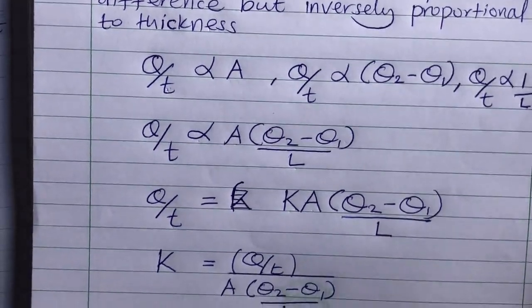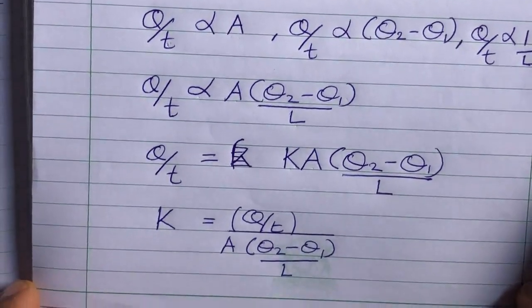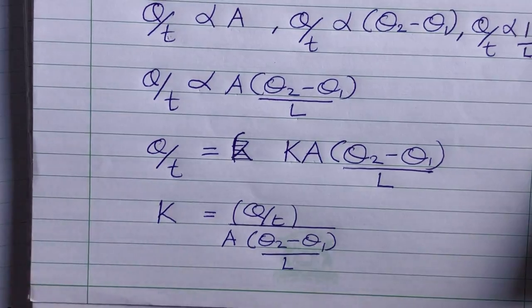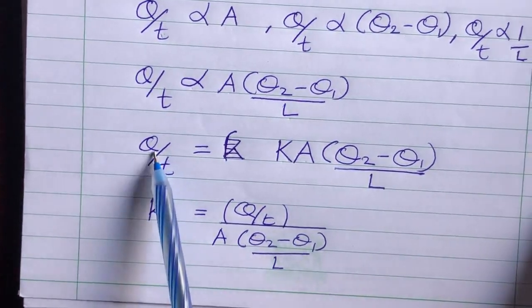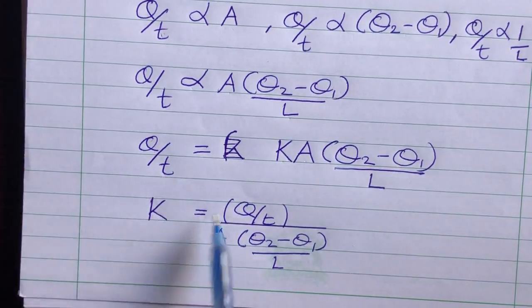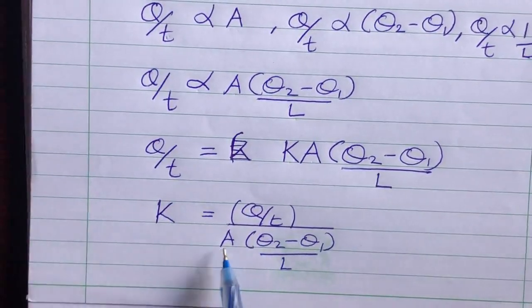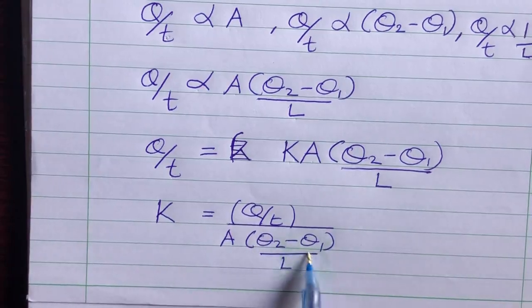So, we shall now make thermoconductivity the subject, since it is our major concern in today's lesson. When we make it the subject, it becomes the rate of heat flow divided by area and the temperature gradient.